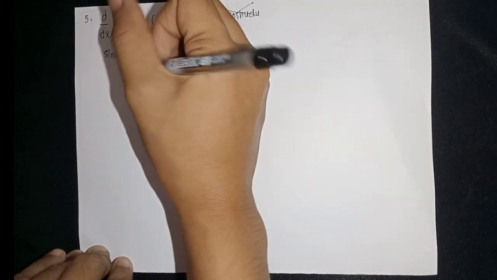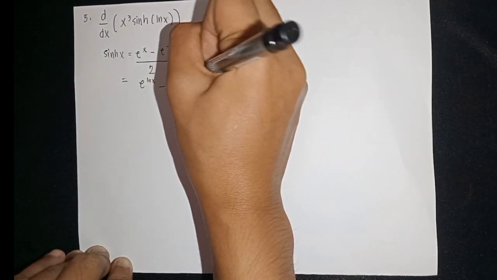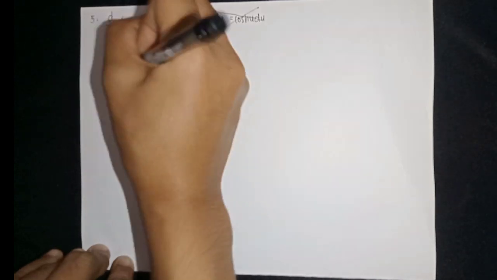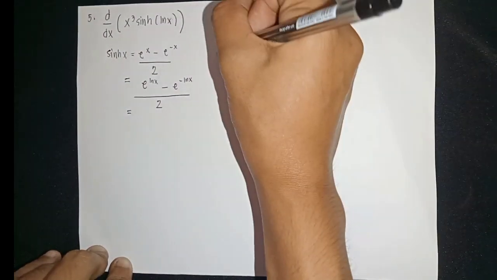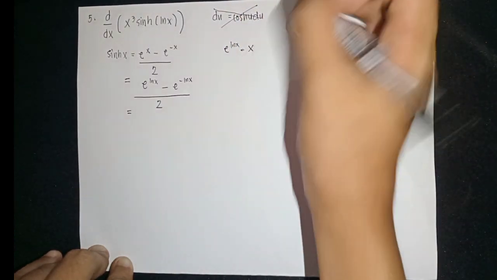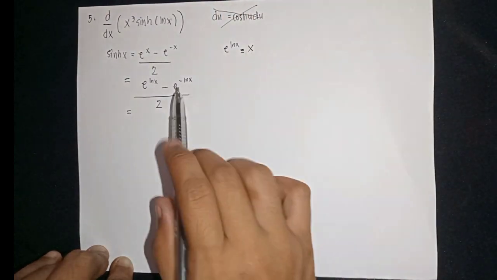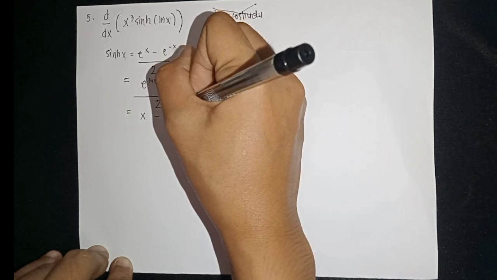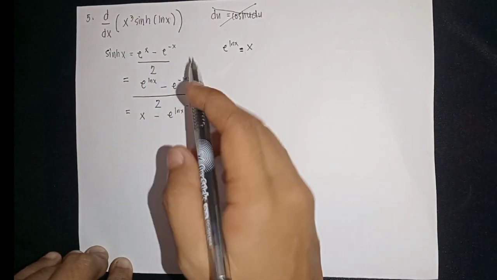The next step is to substitute the x with ln x. So e raised to ln x minus e raised to negative ln x all over 2. We notice that e raised to ln x is equal to x. I hope we know that e raised to ln x is equal to x. So we can change this into x.